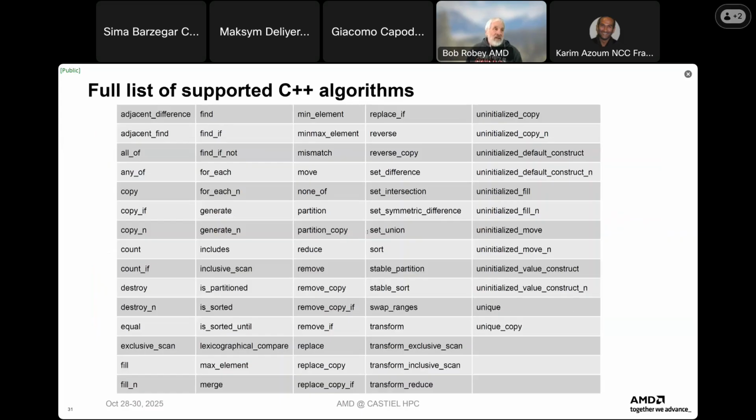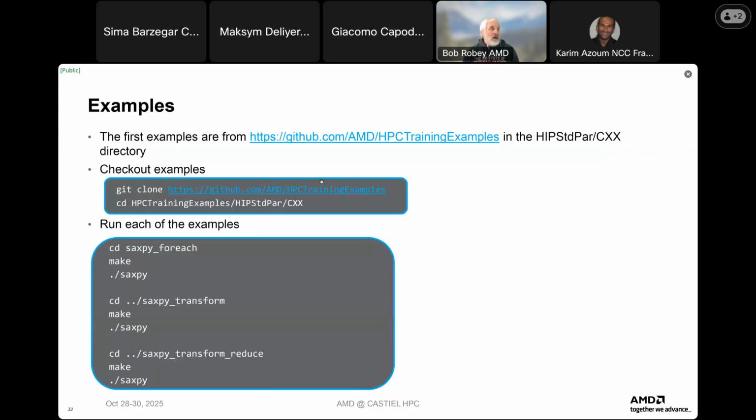Here's a full list of the C++ algorithms that are supported. There's a lot of them. I don't think any of us would know about all of them or ever use all of them. But it is a very large set of algorithms that are supported. And if you want to walk through these examples, they're in the examples repository as well.